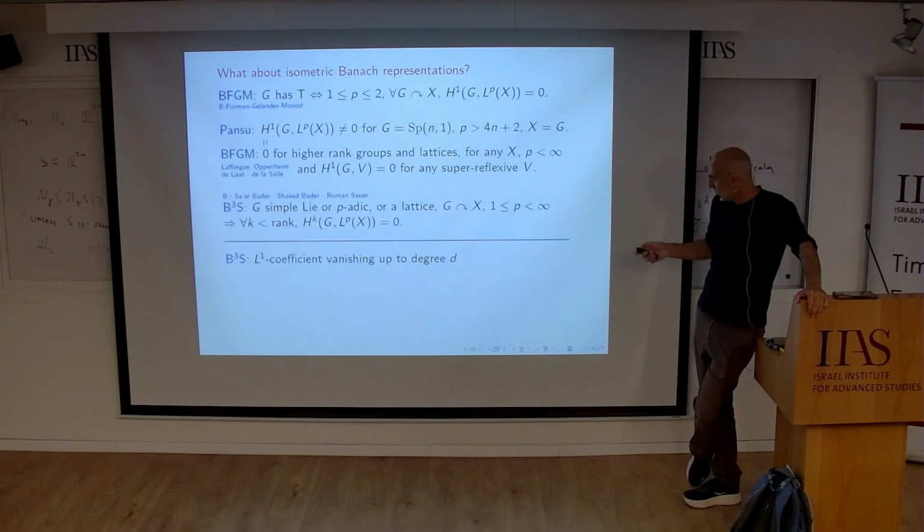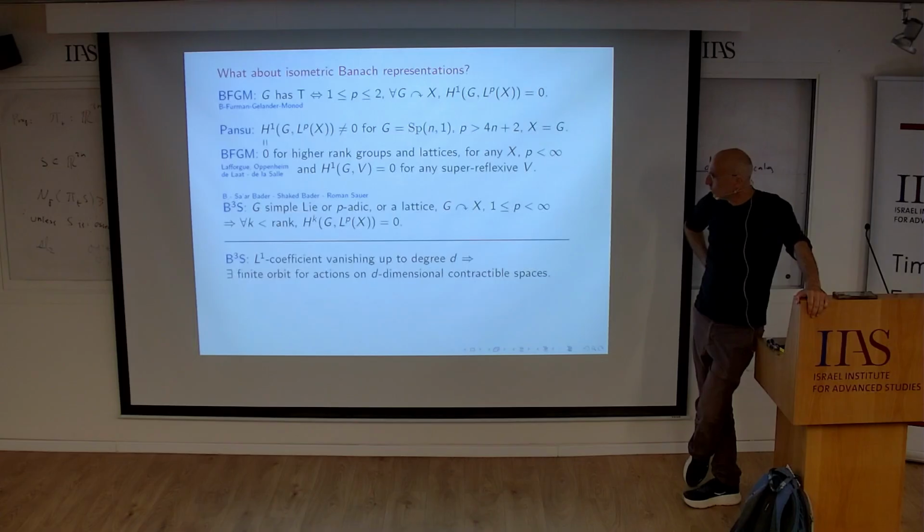Now, maybe I should say, this is work that we did recently with Saar, Shaked, and Roman. And also we show that the L^1 condition is somehow the most geometric condition of them. There are all kinds of analytic conditions, but the L^1 condition is tied well with geometry.